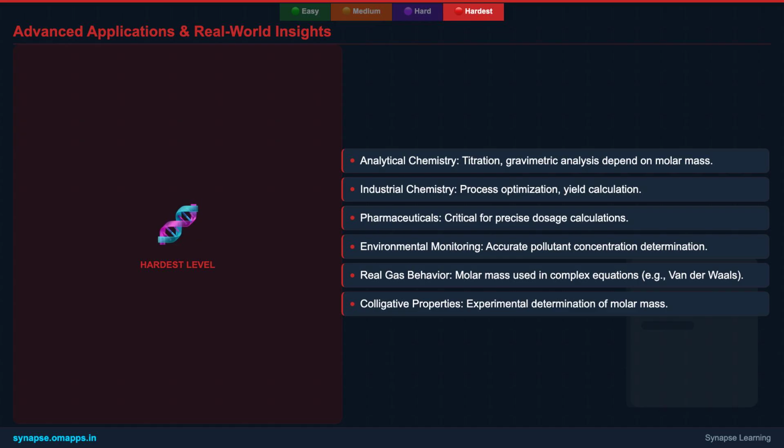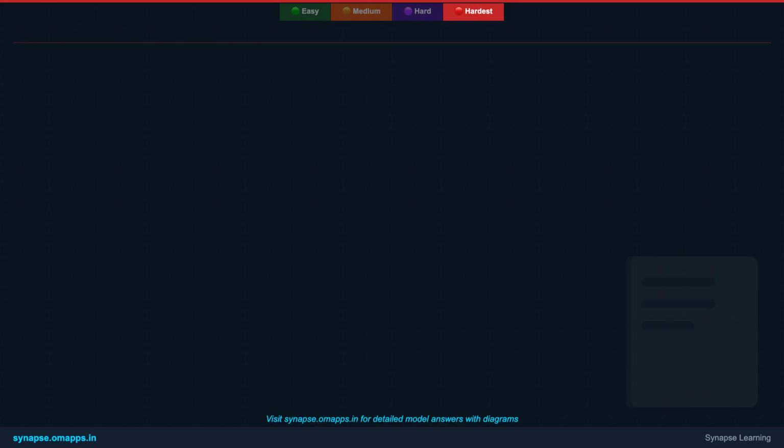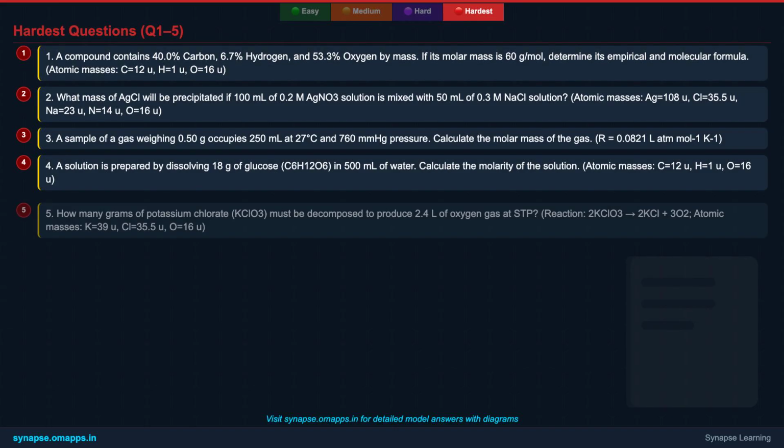Quality control departments use molar mass calculations to verify the purity of raw materials and finished products. Even in environmental remediation, accurate mole calculations determine the precise amounts of reagents needed to treat pollutants. The mole concept is not just a theoretical idea, it's a practical tool that drives innovation and efficiency in the real world.